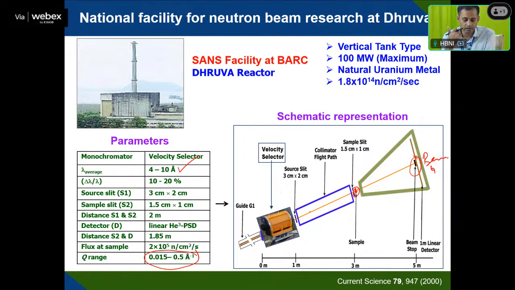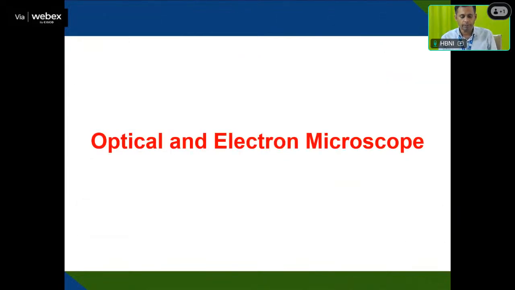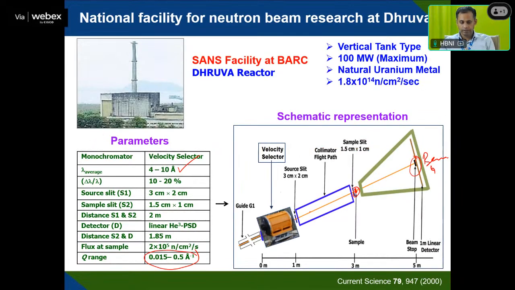They can write to the authority of that nuclear facility for small angle neutron scattering or neutron diffraction studies, and they can help with all these measurements. The important thing is that small angle neutron and X-ray scattering are complementary techniques, so using both you can get better information.